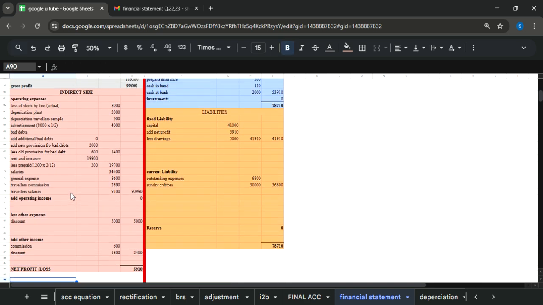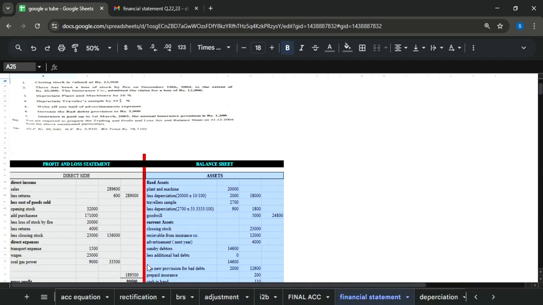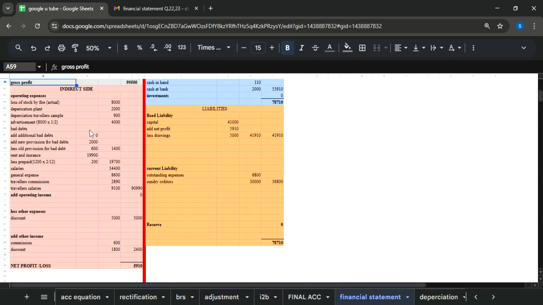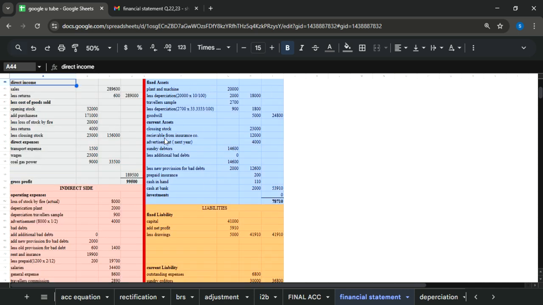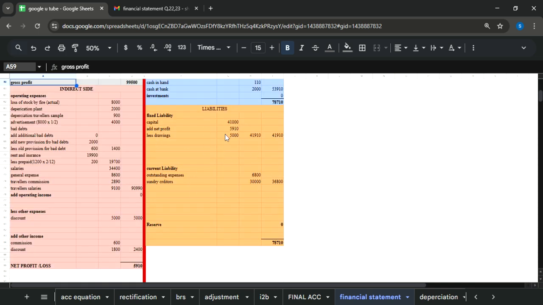The amount of net profit we have calculated is 5910, and look here, 5910 was mentioned. Then this was your asset side, 78710, and look here, 78710, and then last the liability side, again the answer absolutely matched. There was not a difference of even a single digit, 78710, 78710.